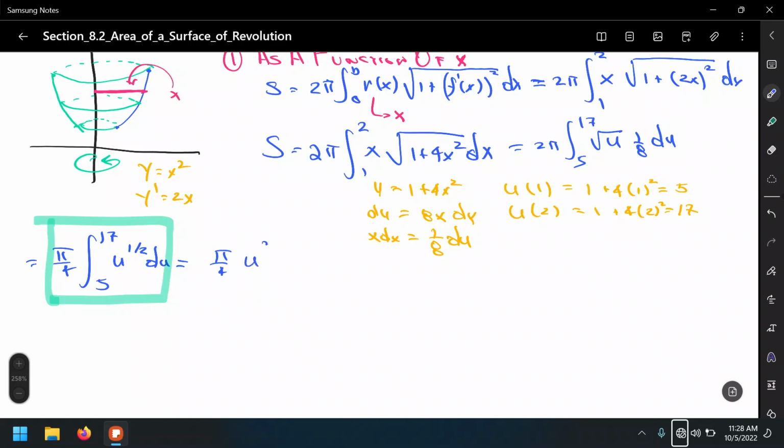That we can integrate u to the 3/2 over 3/2 from 5 to 17, and dividing by 3/2 is the same as multiplying by 2/3. So 2/3 pi over 4. Well, for now, let me call this u to the 3/2. I'll discuss this in a minute. And that evaluated from 5 to 17. Well, so 2 over 4 reduces to 1/2, and 1/2 times 1/3, that's pi over 6.